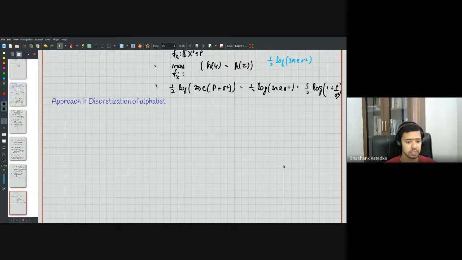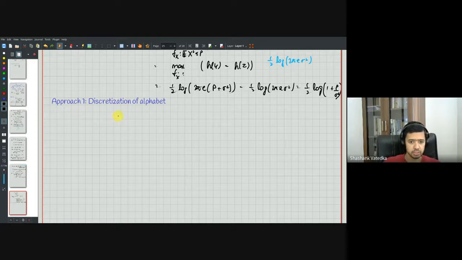You know the capacity in each case, and basically what you do is you let the quantization become finer and finer so that the rate tends to capacity, right? So the channel still remains the same.